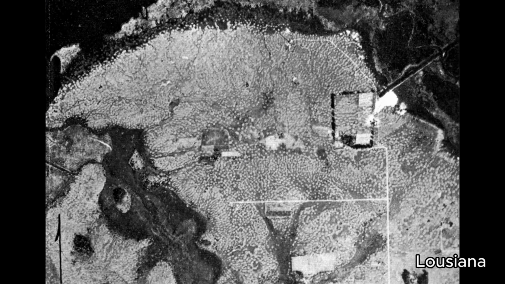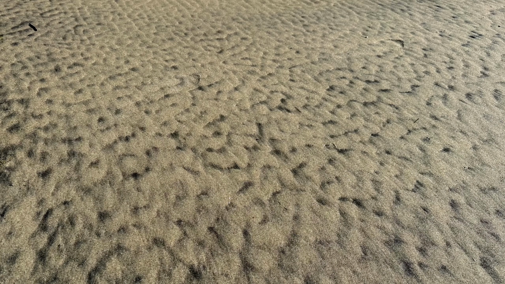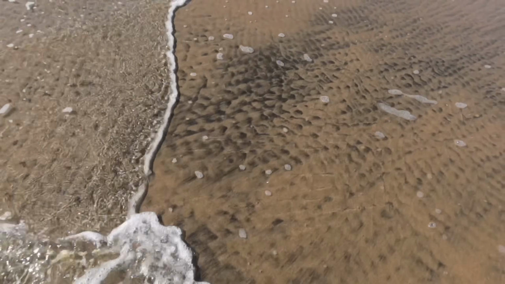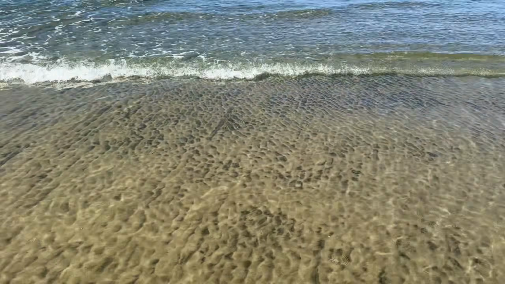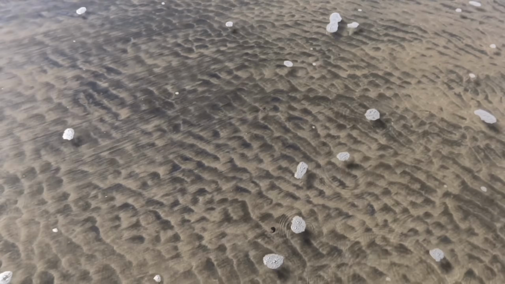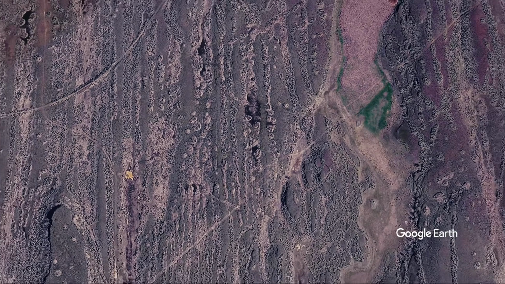Mounds are commonly found in floodplains, on riverbanks, and on beach sand. You can even see how water rushing over them in different current directions shapes them. They can be made from water dissecting ripples, or in this case, dissecting drumlins.